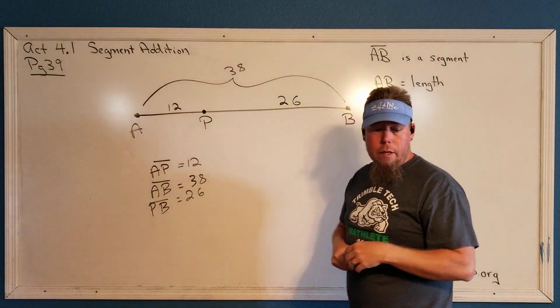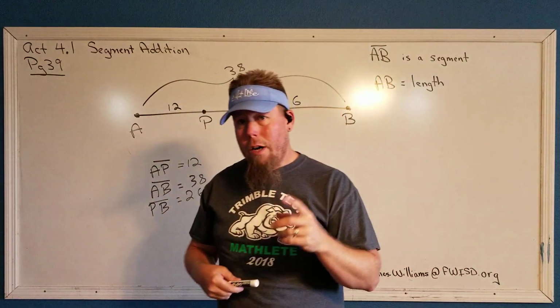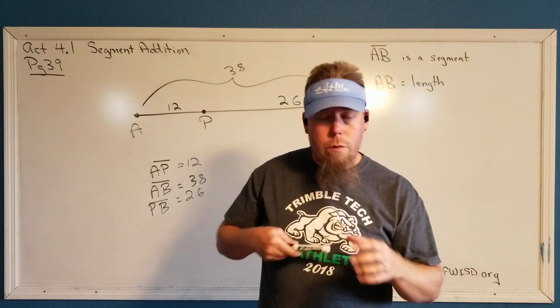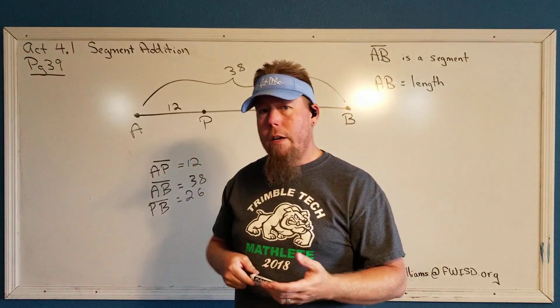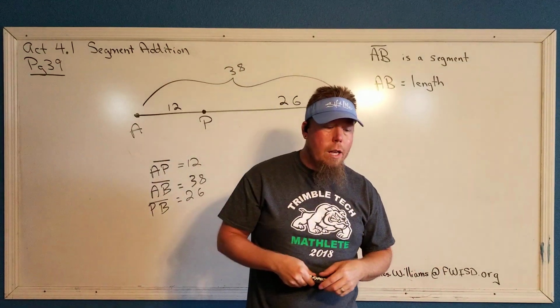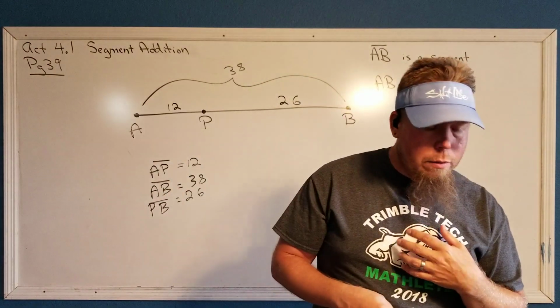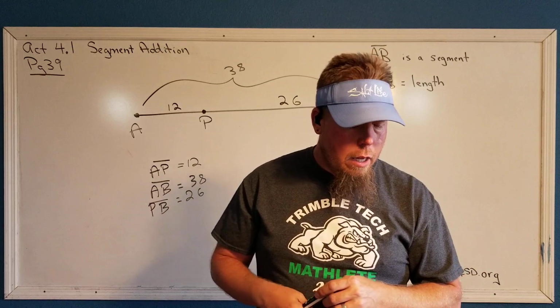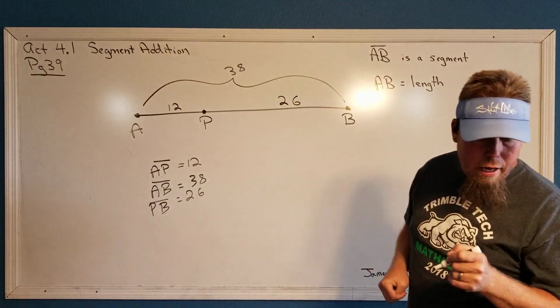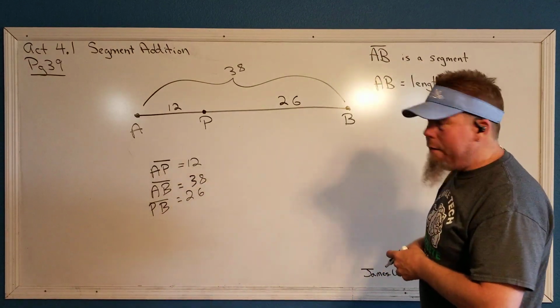If you look in your book, on page 39, question number 1, I'm going to talk you through the answers to that one, make sure we're good before I cut you loose for question number 2. So question number 1, you're looking at DE. According to my ruler, it was about 2.5 centimeters. And then EF was 5.8.